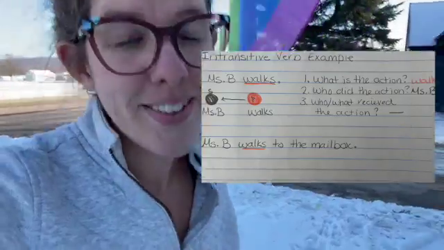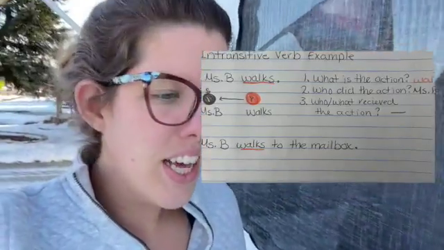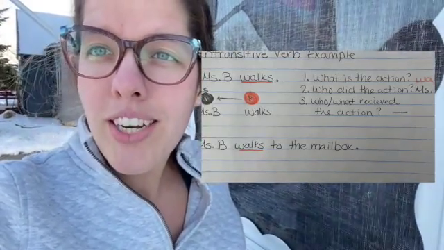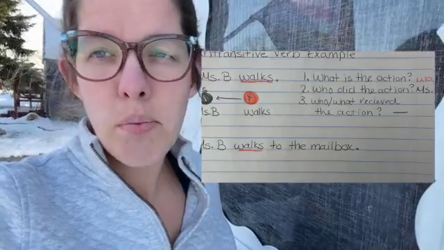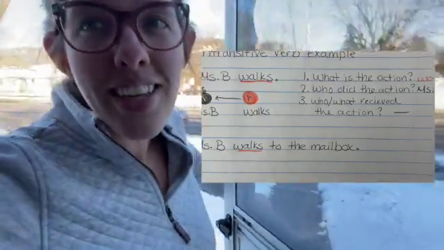To the mailbox is not a direct object though. That's actually a prepositional phrase. So it makes sense if I just say, I walk. That's an intransitive verb because it doesn't need to be transferred to an object. It doesn't need a direct object. Why don't you watch more of the video and I'll show you more examples to make more sense.